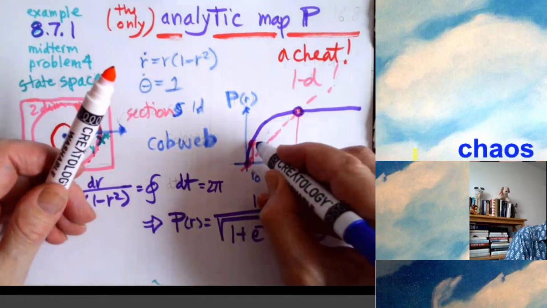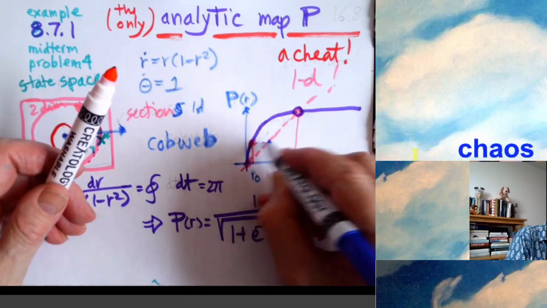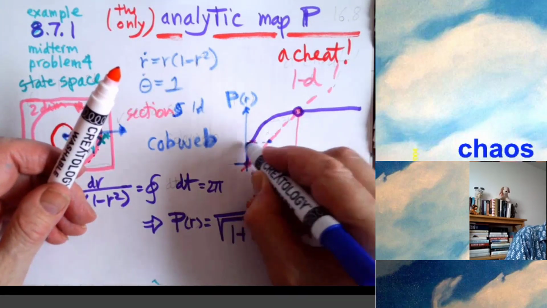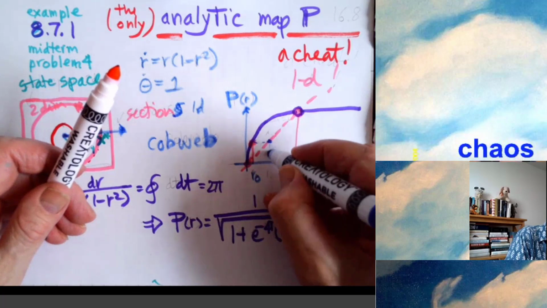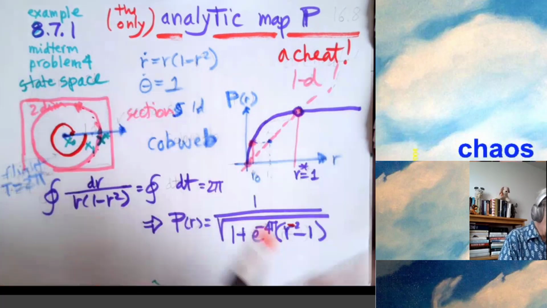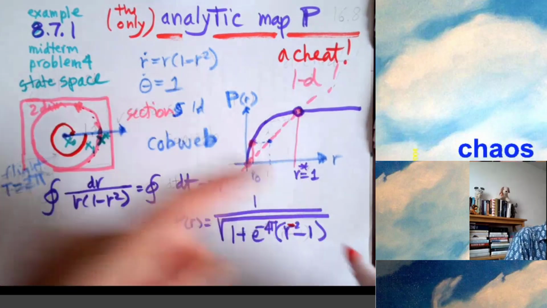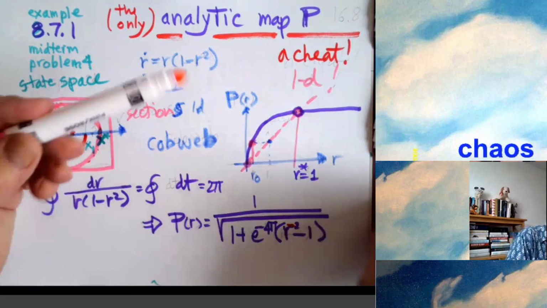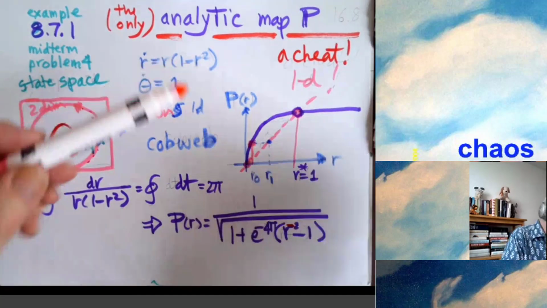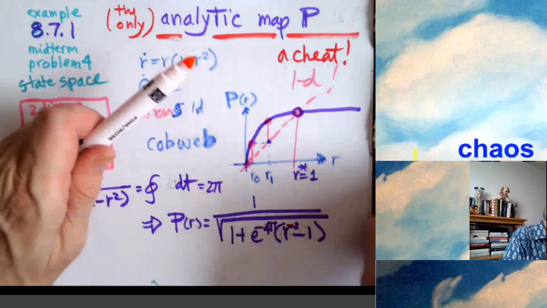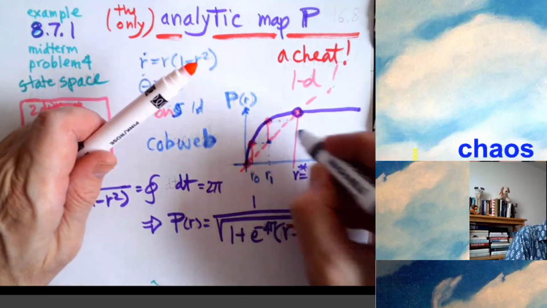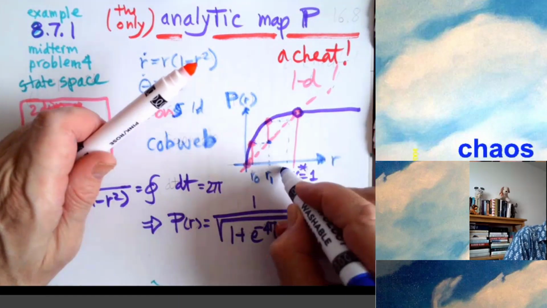But the way I compute R1 is I go to the horizontal where I cross the unity, and that height is the initial value for the next iteration. Then I evaluate that function. I go back. I get R2.